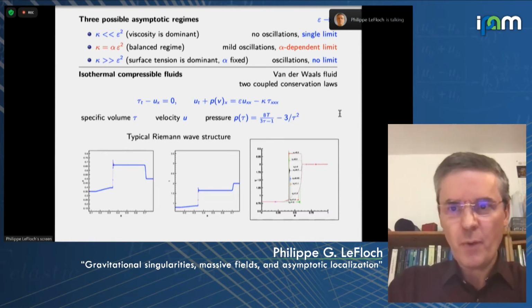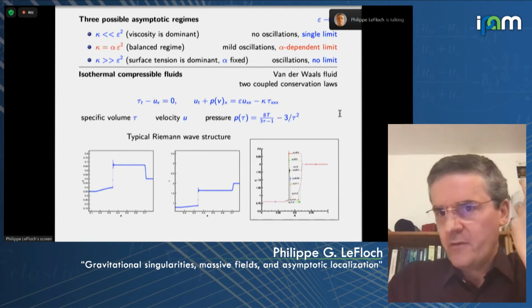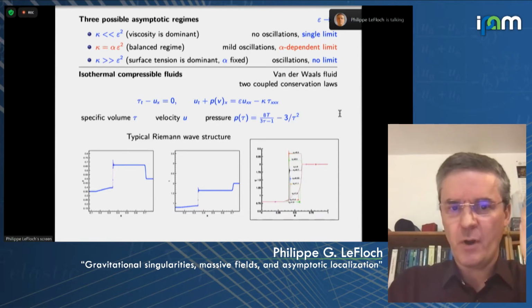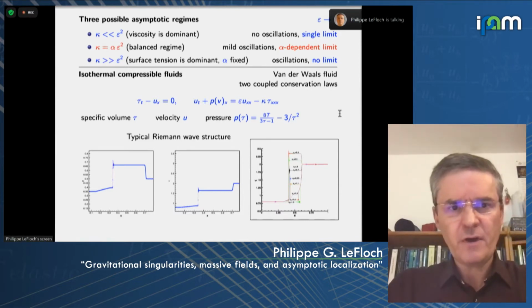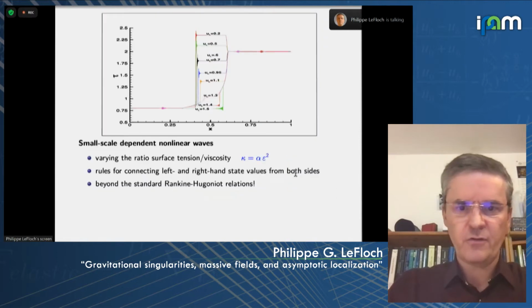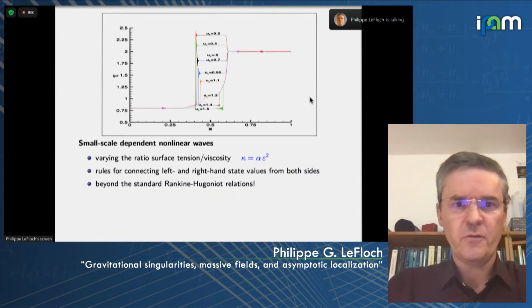If I change the parameters epsilon and kappa, I already showed you that there is some effect of these small scale parameters. But now what is very interesting is that if I change the ratio between kappa and epsilon square in this situation, I find the picture that you see, the one on the right, which I show you again in this page.